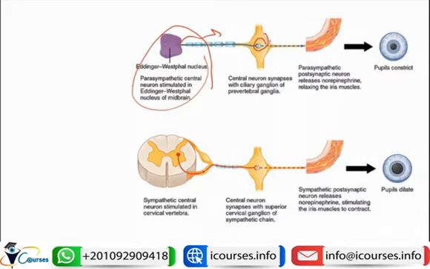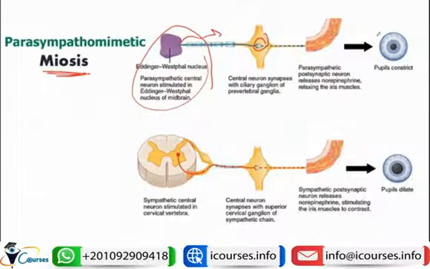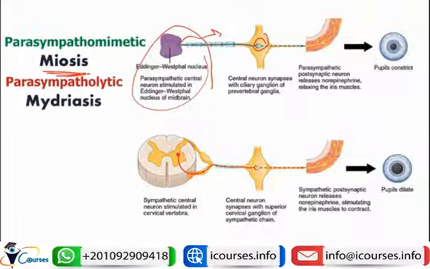From there, the postganglionic fibers will reach the constrictor pupillae muscle, leading to stimulation of the acetylcholine receptors, or the muscarinic receptors, resulting in constriction of the pupil.